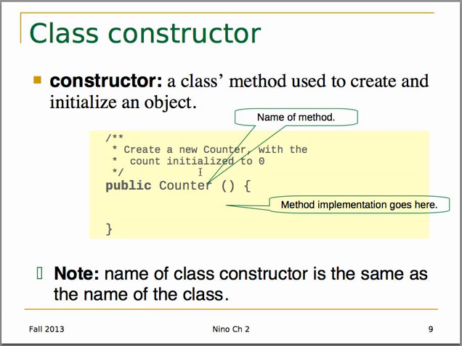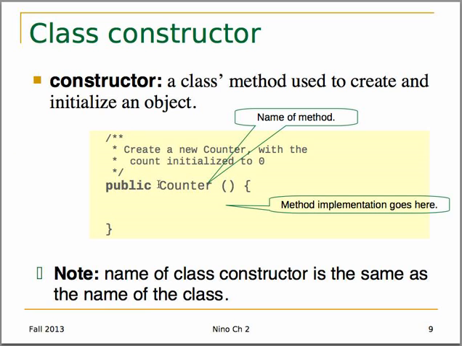You also have to set up a reset method, but let's move on and take a look at the class constructor. So this is the constructor for the Counter class, our server class. Remember that for a class, the constructor will have the same name as the name of the class.